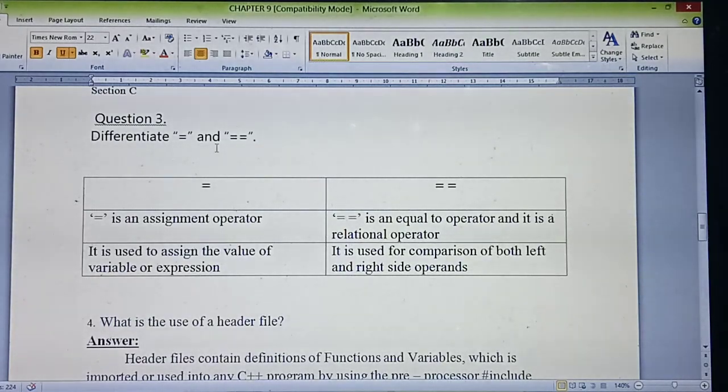So two points, right? First, equal to is an assignment operator. Double equal to is an equal to operator and is a relational operator. Second point, it is used to assign a value to a variable or expression. Third one, it is used for comparison of both the left and right side operands.